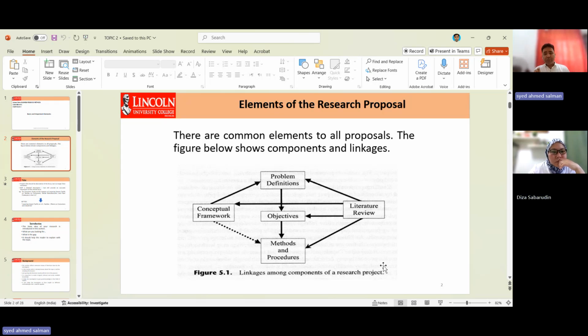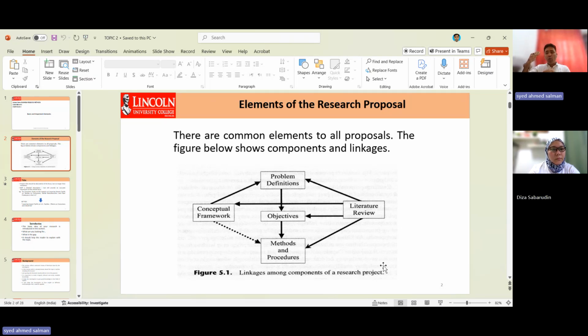In order to develop the problem statement, I hope you remember in our last class, I already mentioned to you, research is all about reading, reading, and reading. So in the literature review, you have to download 100 articles related to this topic, the usage of social media and students' academic performance.